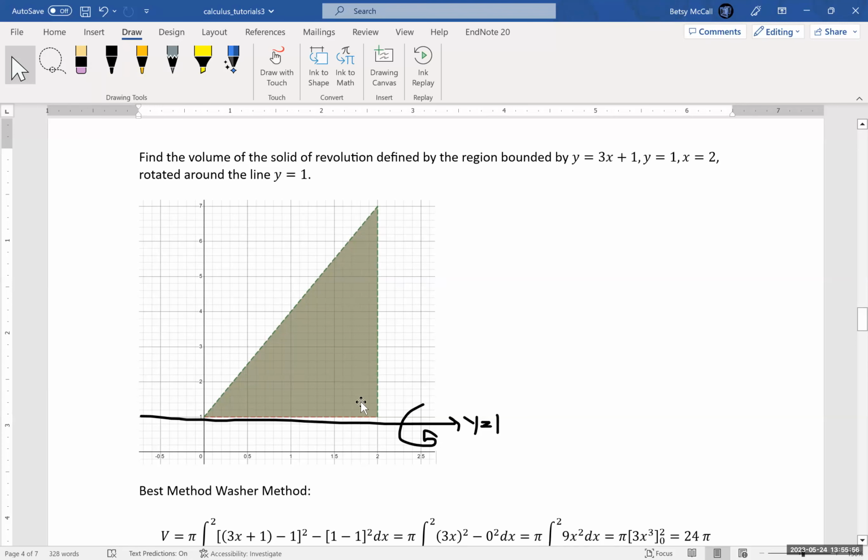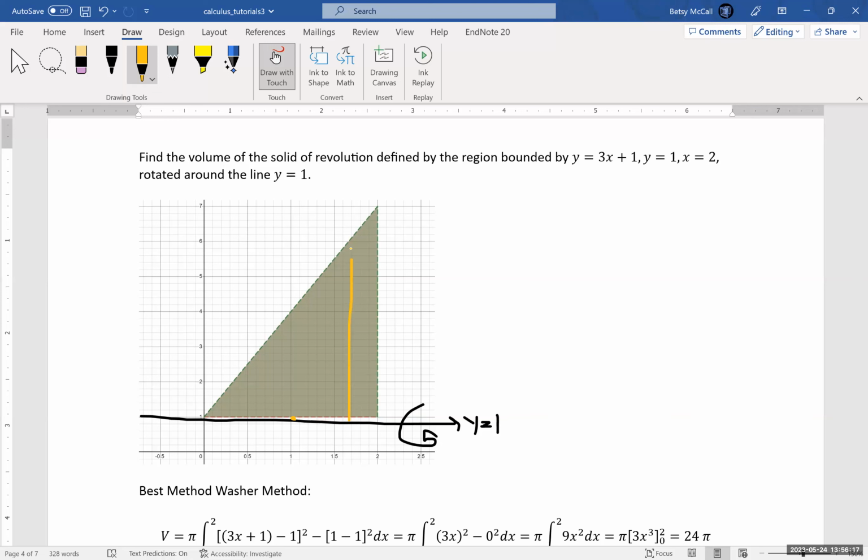Now, when we figure out our inner and outer radii, the inner radius is right here. It's 0, because we're rotating around basically the bottom of our region.